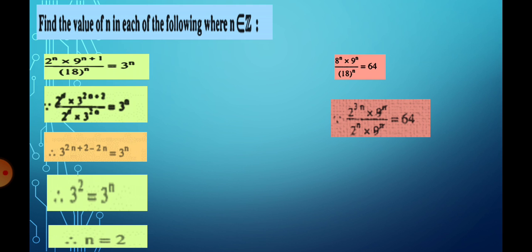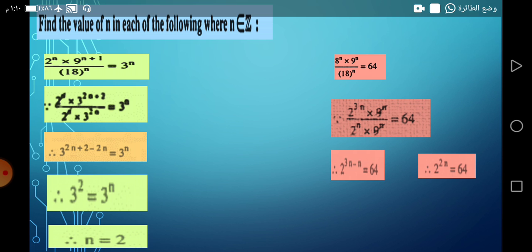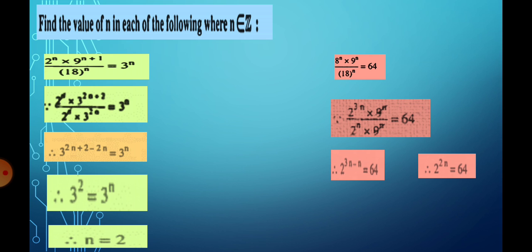We cancel 9 to the power n with 9 to the power n. Then the two bases are 2, so we subtract the powers: 2 to the power 3n minus n. It will be 2 to the power 2n. The left hand side is 2 to the power 2n, and the right hand side is 64.